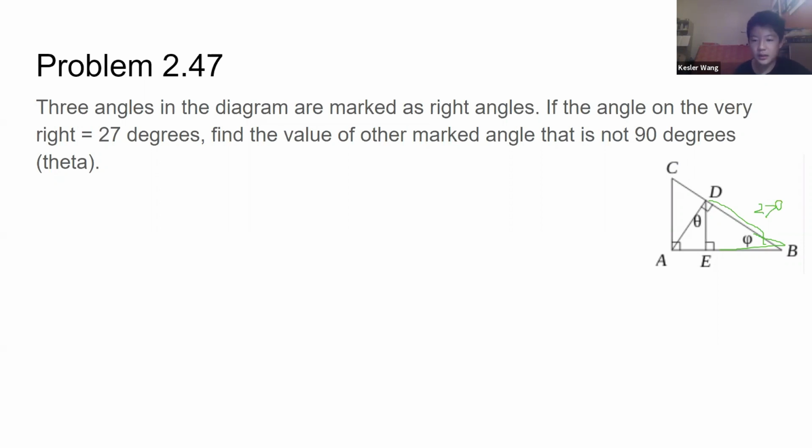I think how we can solve this problem is first we can find the angles of this first triangle. So 27 degrees plus 90 degrees equals 117 degrees, minus 180. So this angle here, angle BDE, equals 67.